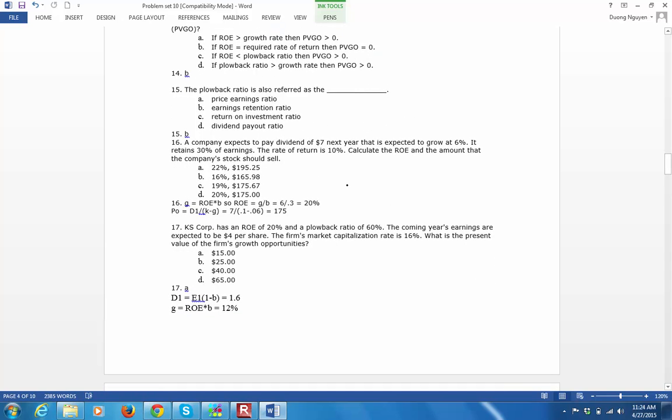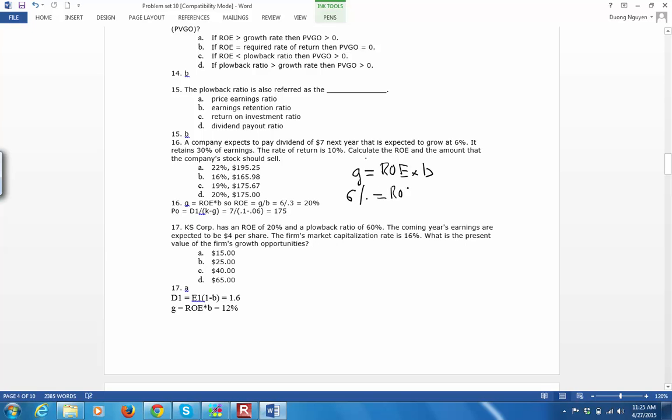Now, number 16, a company expects to pay a dividend of $7 next year and is expected to grow at 6%. It retains 30% of the earnings and the rate of return is 10%. Calculate ROE. So you have growth G equal to ROE times B, okay, and G is 6%.